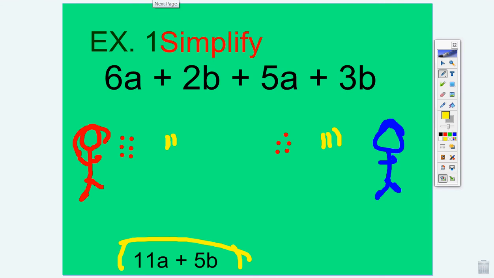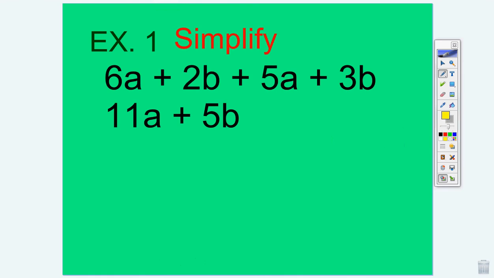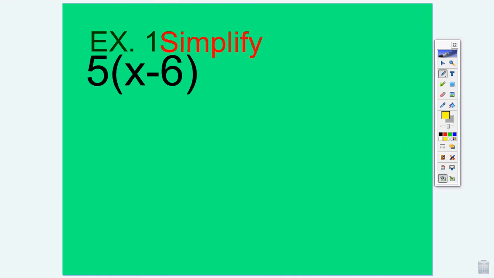All right, let's do a couple more here. I want to do something with the distributive property. You would remember distributive property from earlier this year. Whatever's on the outside gets multiplied by everything on the inside. Sometimes they call it the fun truck. And so everything on the outside gets delivered to everything on the inside. And that means multiply.